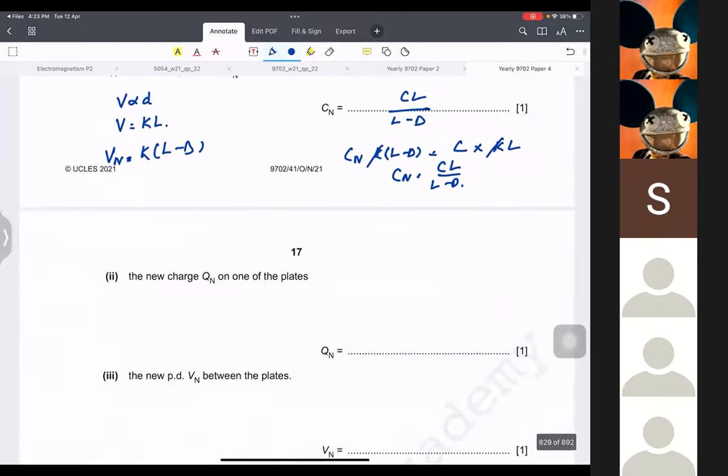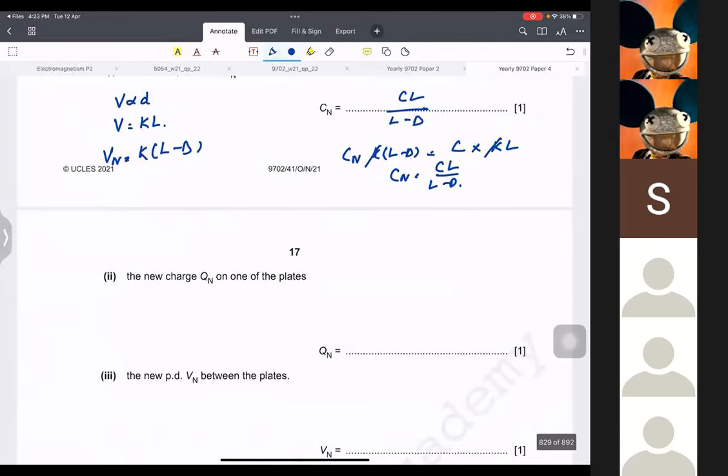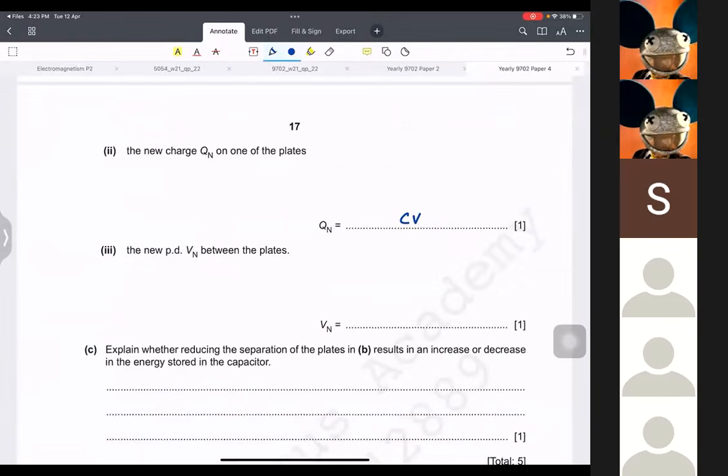Now as I said, the charge will be the same, it will not change, Q equals CV, and then the new potential difference Vn between the plates. Now you need to find this, right? How do we find the new potential difference? So Qn equals Cn Vn. That is also the same case.